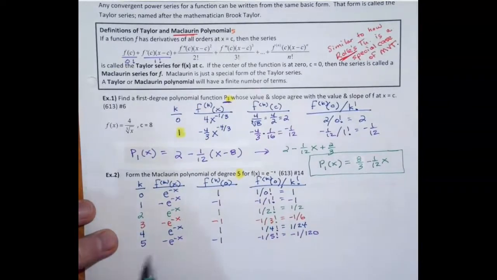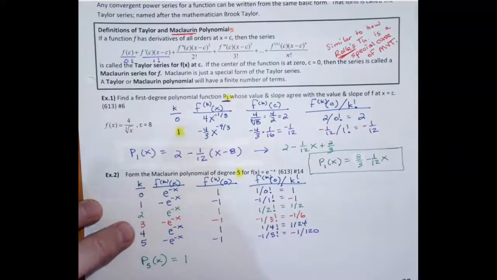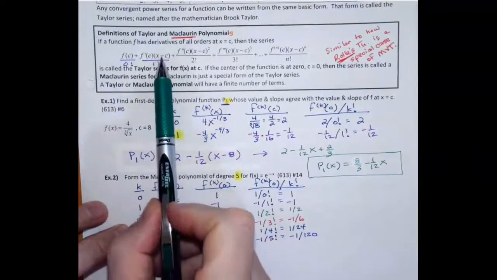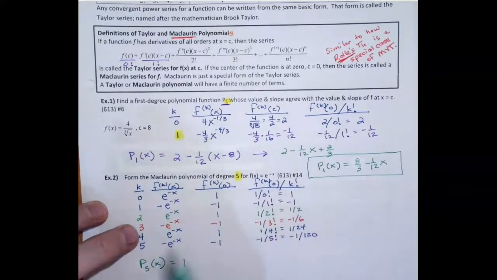So let's go P5 of x, and that's going to be 1. And then you have to remember this part right here. Now c is 0, so this is x.